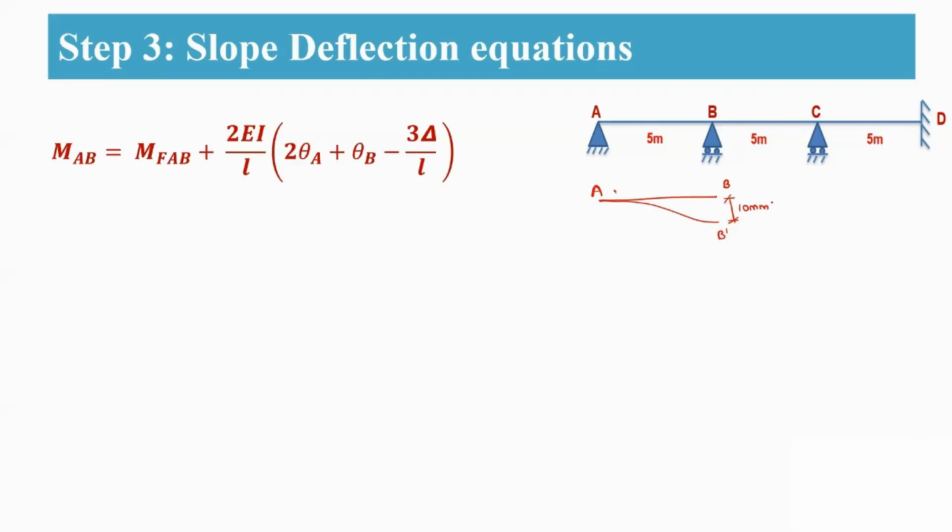Here the settlement is a positive settlement, so directly we can consider delta equal to 10 mm.